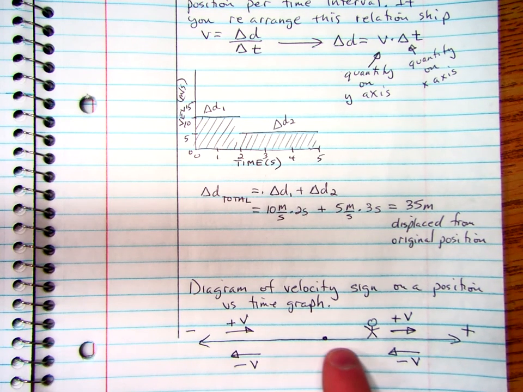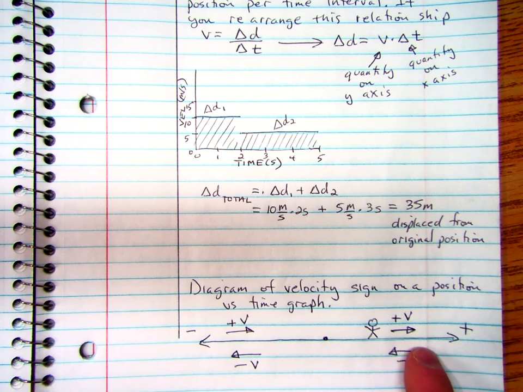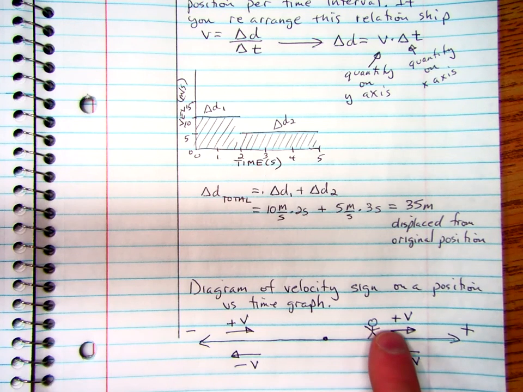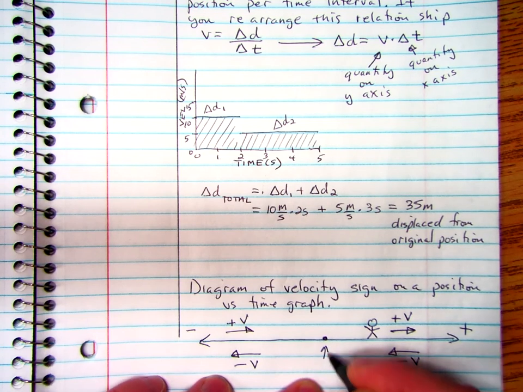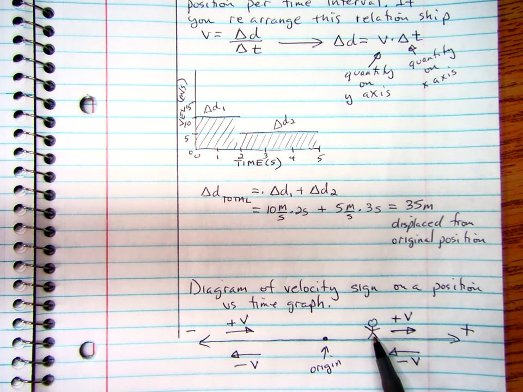This is a position graph. There's no times on it. And we're showing this person moving with positive velocity. If the person is located in the positive region, and this here is the origin, right here, this person's located in the positive region, and they're moving with the positive velocity.